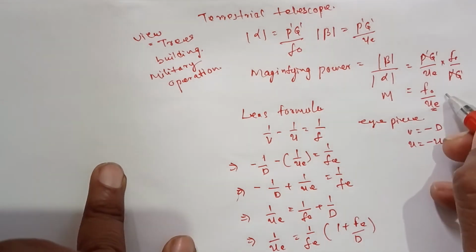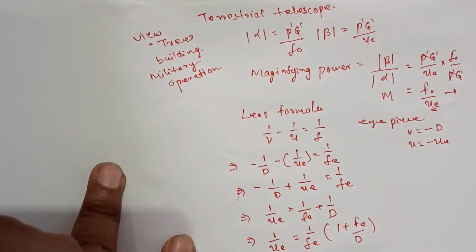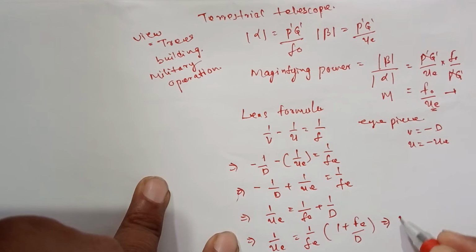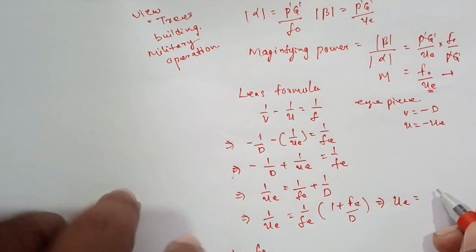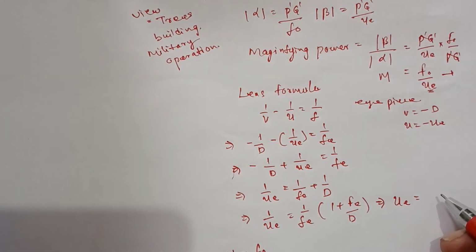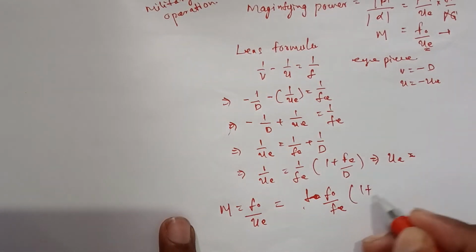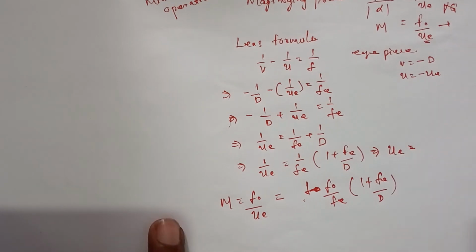So from this expression, m is equal to f naught by ue, which gives m is equal to f naught by fe times 1 plus fe by d. This is the desired expression for m.